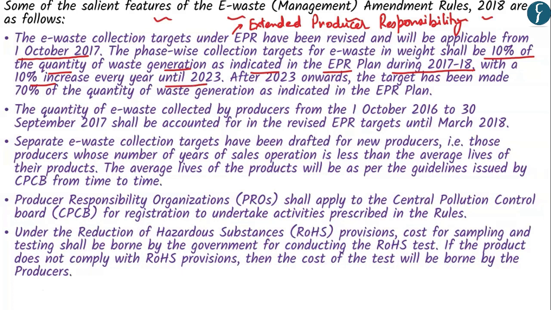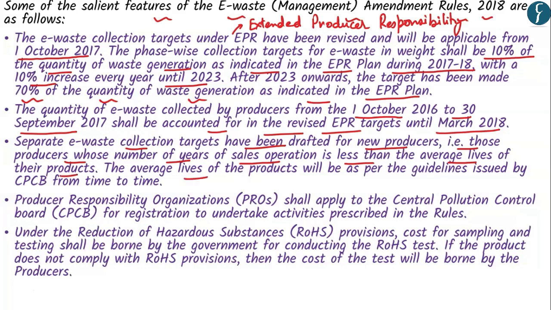After 2023 onwards, the target has been made 70% of the quantity of the waste generation as indicated in the EPR plan. The quantity of e-waste collected by producers from the 1st of October 2016 to 30th of September 2017 shall be accounted for in the revised EPR target until the March 2018. Separate e-waste collection targets have been drafted for new producers, that is, those producers whose number of years of sales operation is less than the average life of their products.